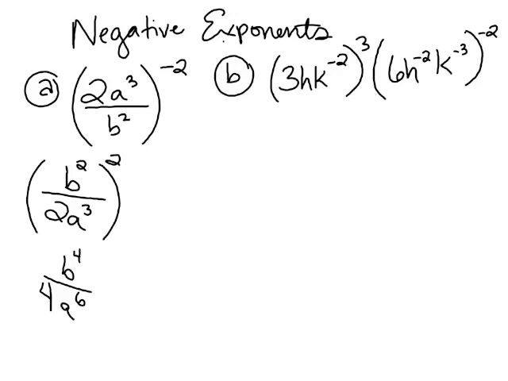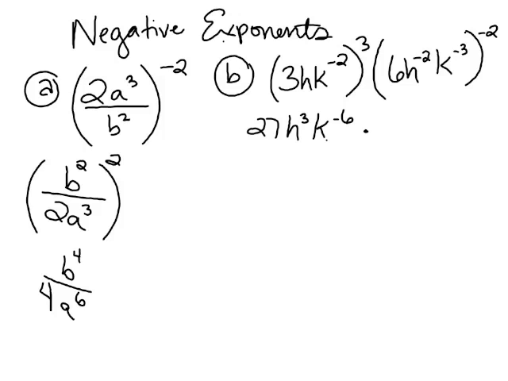Okay, so first thing, let's get rid of the brackets. What is 3 cubed? 27. And then h cubed. And then negative 2, I've got k. So I still use the power property here. So it's negative 2 times 3. Negative 6. Okay. And then that is times 6.